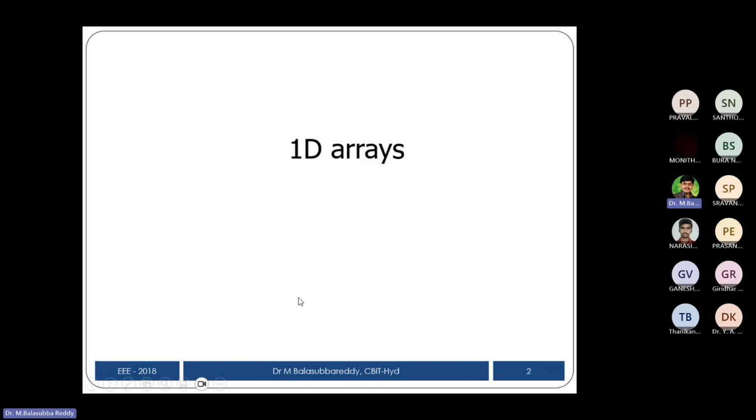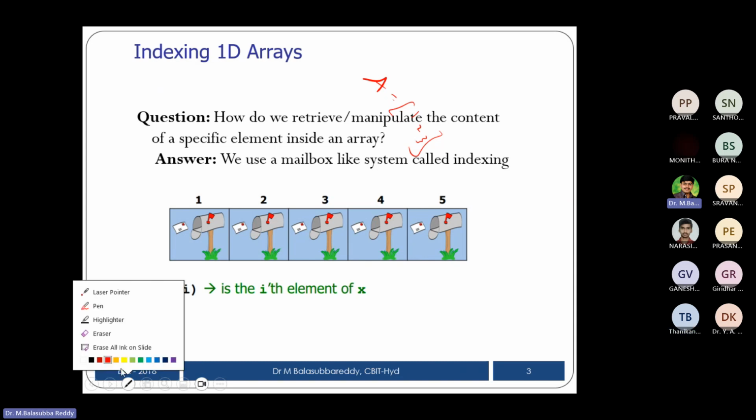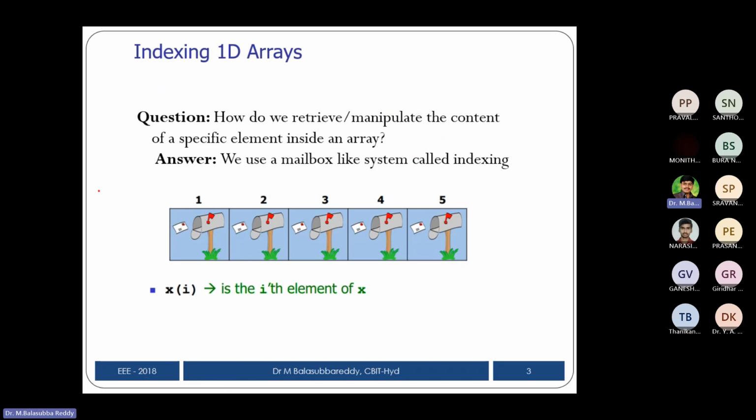Now, we'll see this one-dimensional array. Here the thing is a vector, or you can say an array. Suppose A is equal to 1, 2, 3. So this is the data available in that A. How to retrieve that A? We require all these things when the information is already stored.